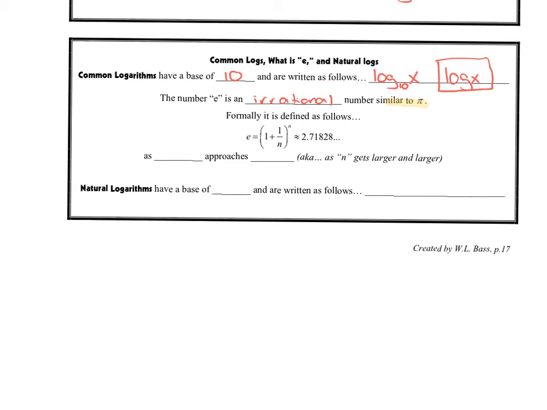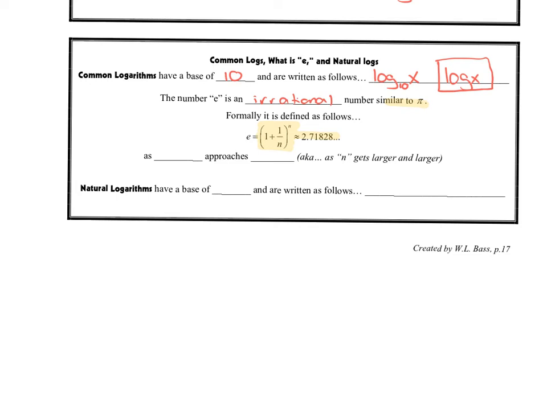So we actually have this formula to help us understand what e is. We could go into a greater depth of how this formula comes to be, but what we ultimately are going to understand is that e is approximately 2.71828, and so on and so forth. If you type it into your calculator, you'll get many more digits of it.